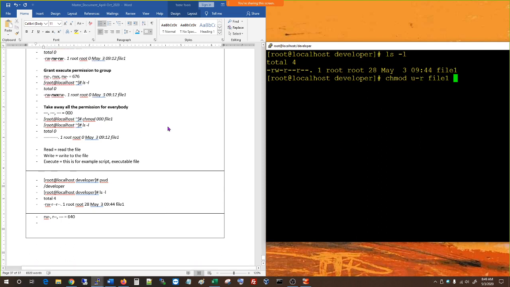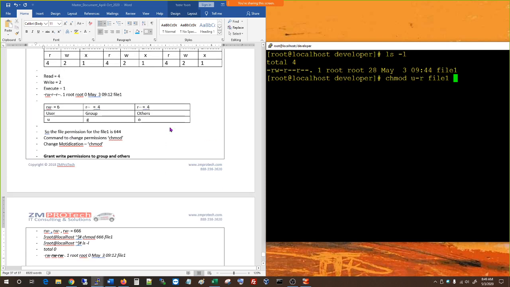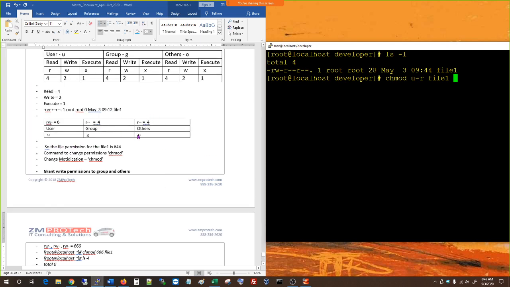Now I'm using the letters here. I'm taking away the permission for others. I'm sorry, not u. I'm going to use o. I'm going to take the permissions for others. Minus means remove, and r. Later on, if we do plus, we're going to add the permissions. So we're going to do chmod minus r file1, taking out the r permission here.